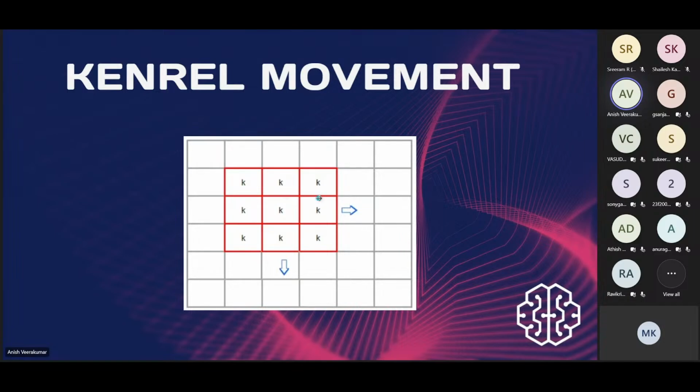This is of course in 2D. It first goes along the row and then down the column, and then again along the row and then down the column till it reaches the end of the image. The leap is also called a stride, depending on how many rows or columns it skips in each movement.